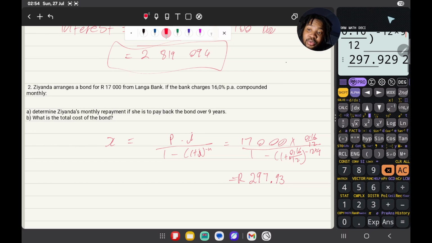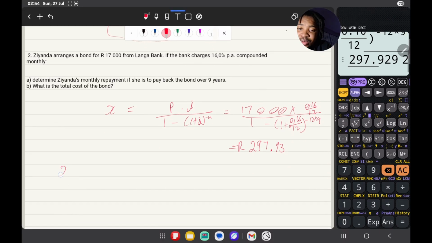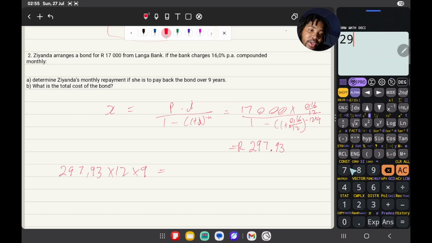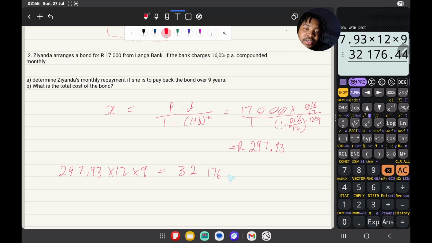Next question: what is the total cost of the bond? So now she is paying 2,97.93 every month for 9 years. So that means 32,176.44, right?